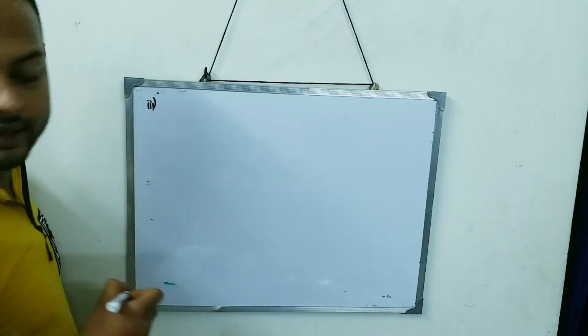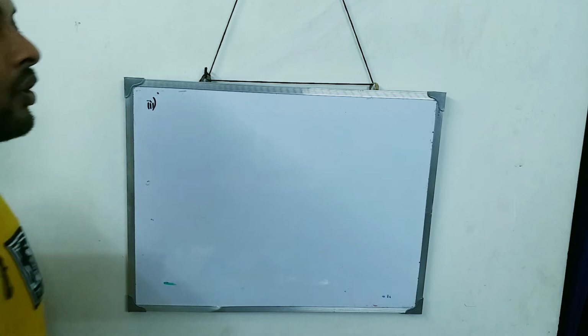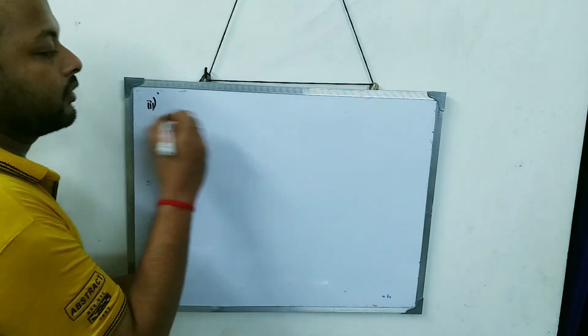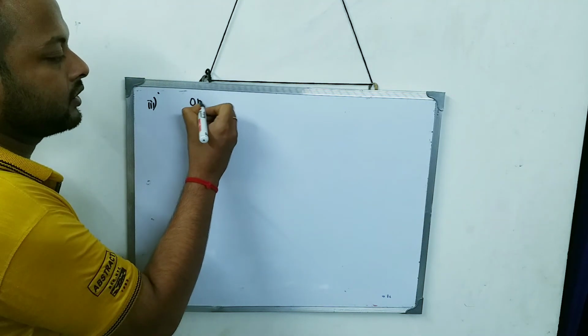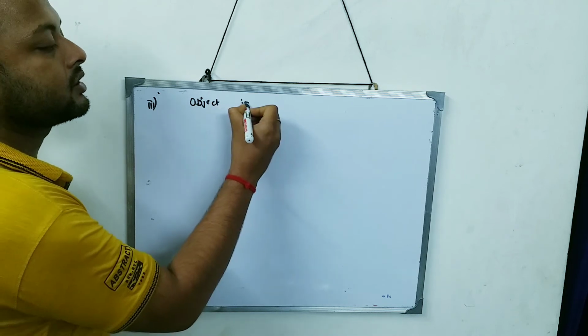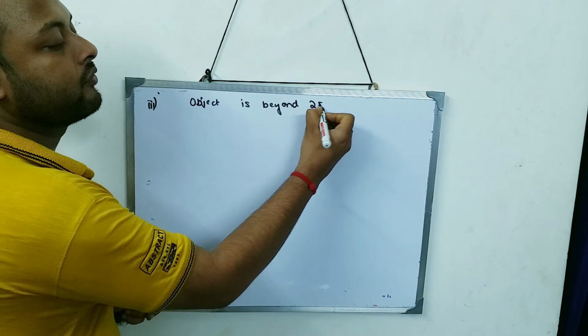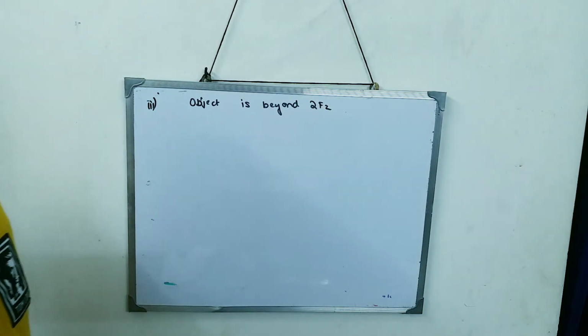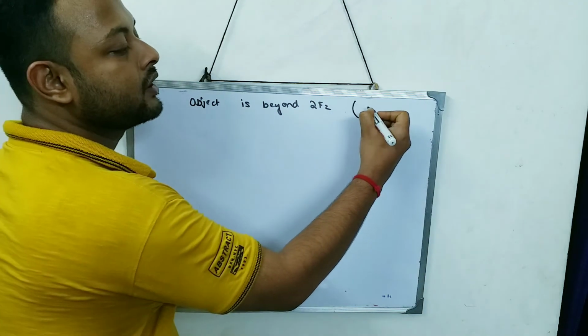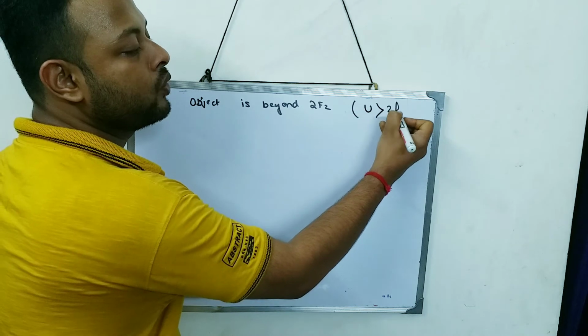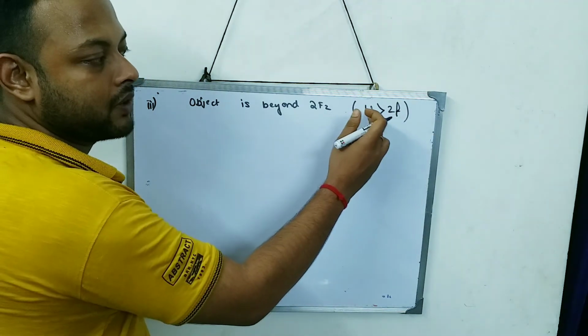That is, the object is placed beyond 2F2. Object is beyond 2F2. I can write it like this: u is greater than 2f. Means what? I'll explain this part. u is greater than 2f.